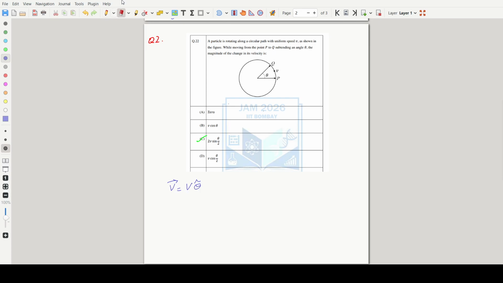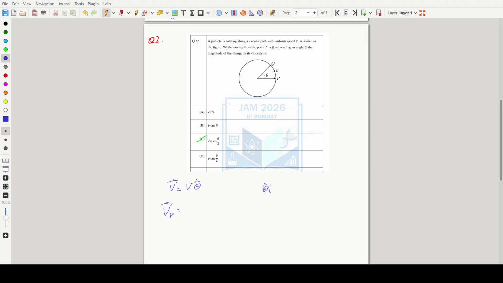Now that we know this, they're asking us to find the magnitude of the change in its velocity. So first, at the point P, what is my velocity? Theta cap, unlike x cap, y cap, or z cap, changes.